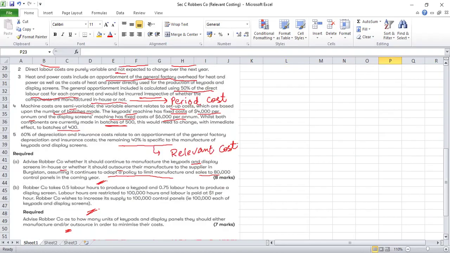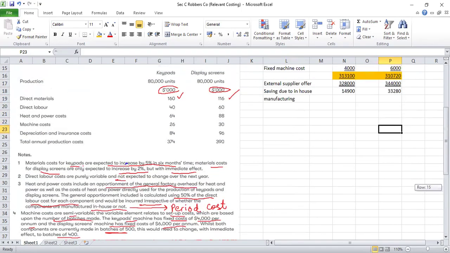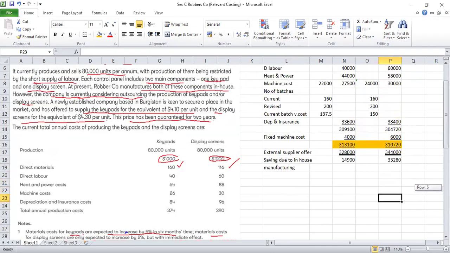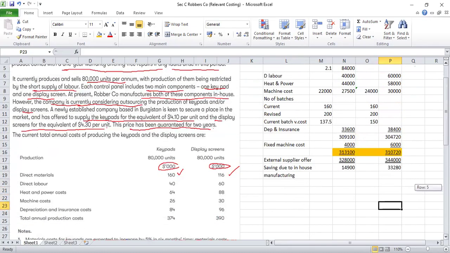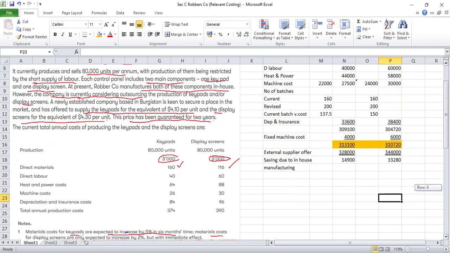So you want to raise from 80,000 to 100,000. You want to decide which product must be produced completely in-house and which to purchase from the external supplier. You are not provided with your own selling prices, so you cannot calculate contribution per unit, but you are provided with the selling prices of the supplier.